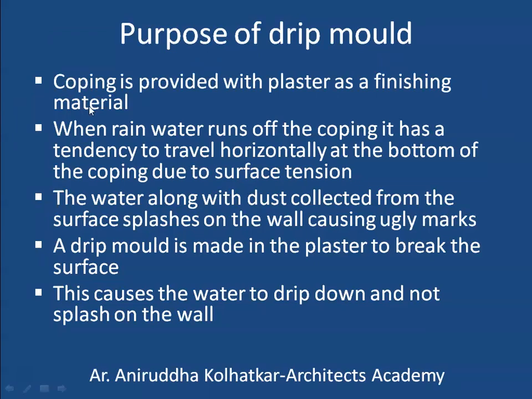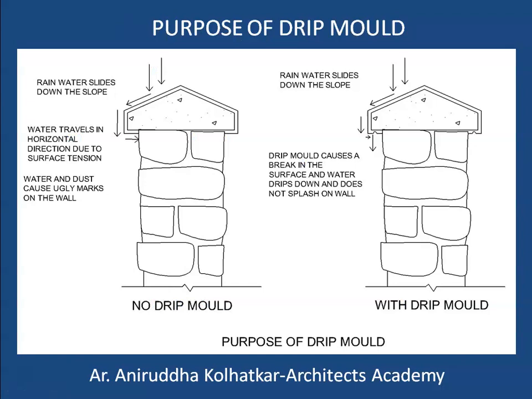So when a coping is provided with plaster as a finishing material, what happens is that rainwater runs off the coping and it has a tendency to travel horizontally at the bottom of the coping due to surface tension. So if we go to the next slide, what you will see is that this is rainwater coming down on the surface. It starts flowing down, goes down vertically, and then it has a tendency to go horizontally like this. This is because of surface tension created between the plastered surface and the rainwater.